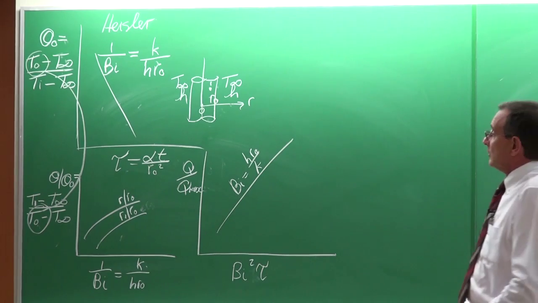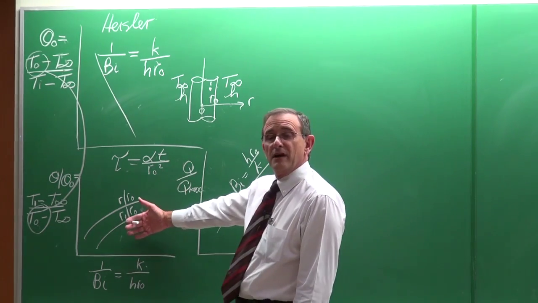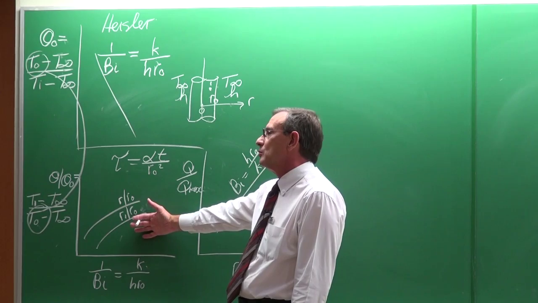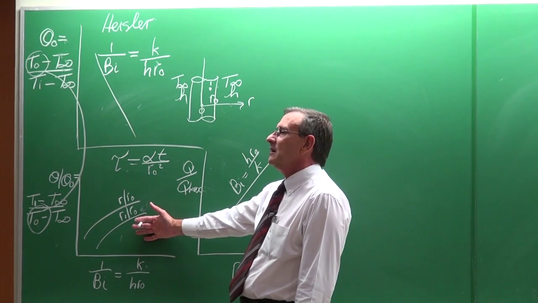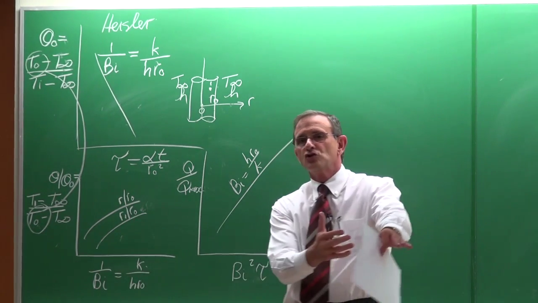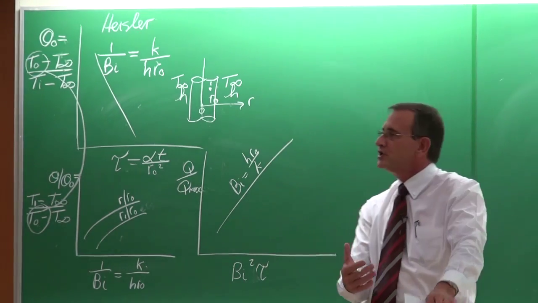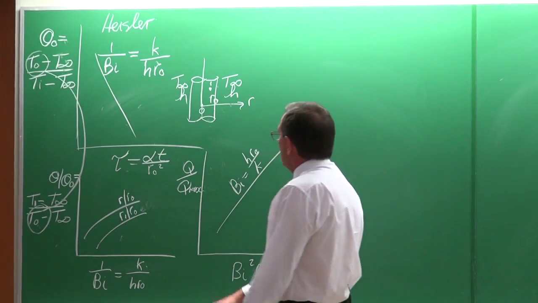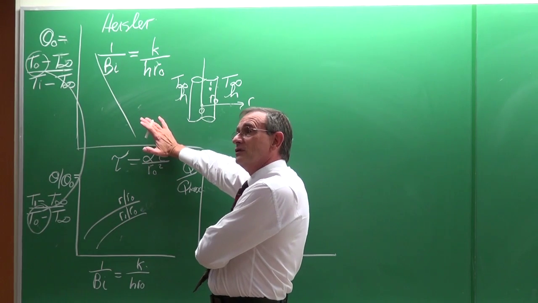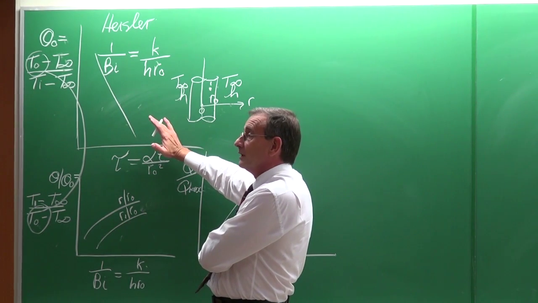Now, these graphs were obviously very important 30, 40 years ago when people didn't have calculators, because it was very, very difficult to solve the solution in table 4.1. Now, I do not say that this is not important and you should throw it away.